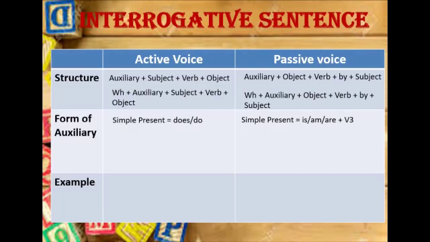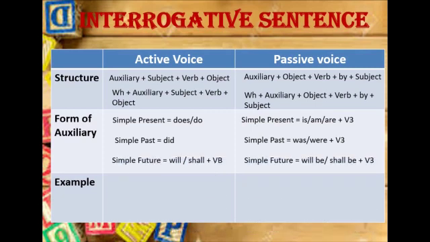But when we convert this into passive voice, we change it into is, am, are plus third form of verb. In simple past, we use did, which is converted into was, were plus third form of verb. And in simple future, we use will or shall plus base form of verb. And that will be converted into will be or shall be plus third form of verb.